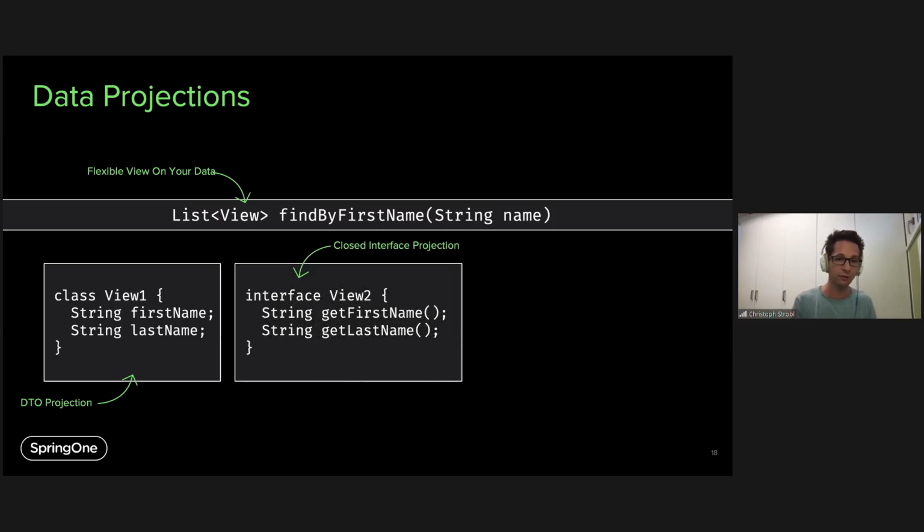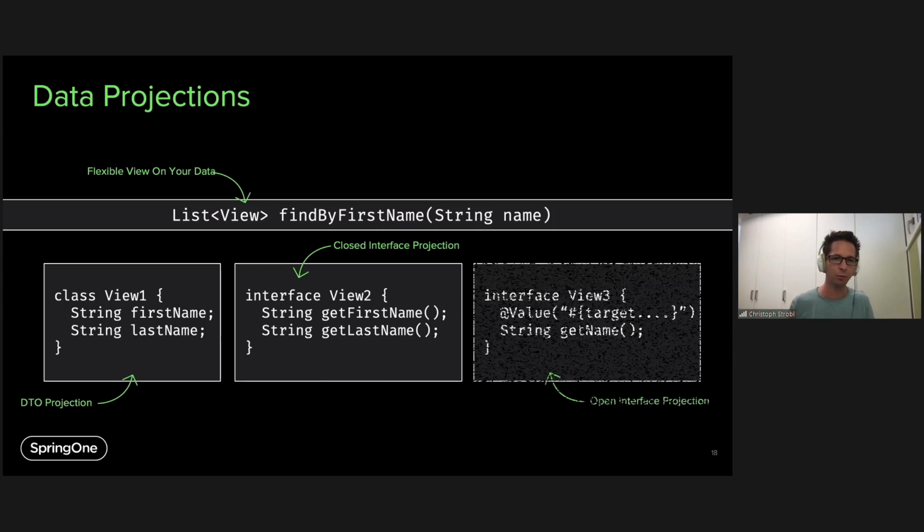The same works for interfaces. So you could define just the get methods that you're interested in and then return the interfaces. In this case, since this is something called a closed interface projection that doesn't have any dynamic elements in it, we can derive the columns that you're interested in and pre-select only those from the database.